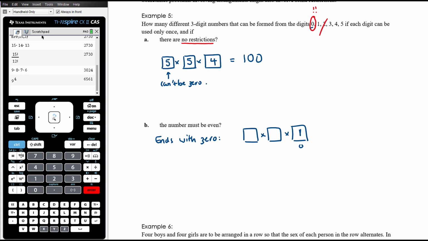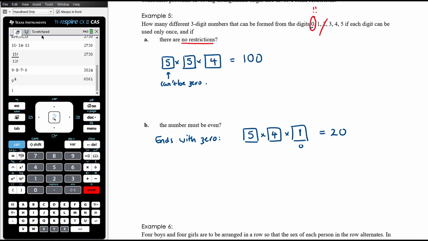But by putting the 0 at the end there, then any of the remaining 5 digits can go at the start, because the 0 is no longer in the mix, and then we have 4 digits left to go here. So there's 20 different 3-digit numbers that have 0 at the end.